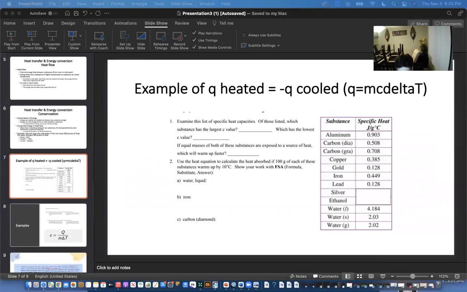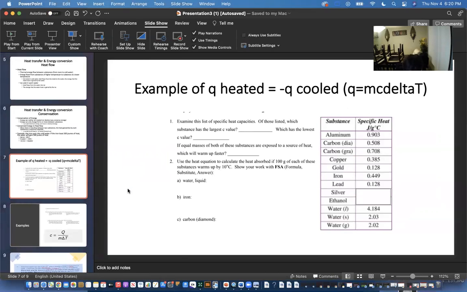Right. So that makes sense, right? Just make sure you write down all these equations. Heat is multiplication, right? Your heat equals specific heat times mass times temperature, right?